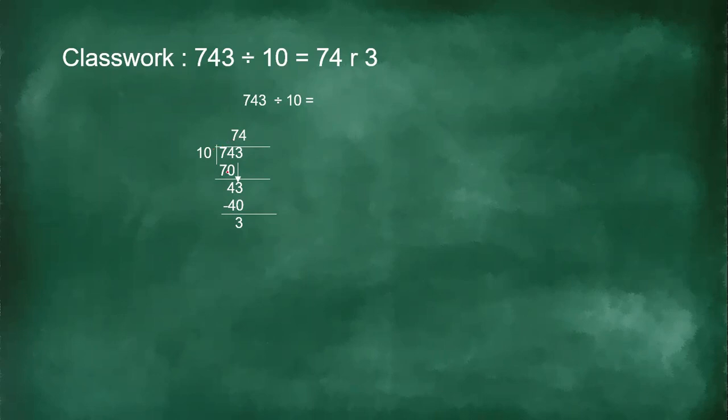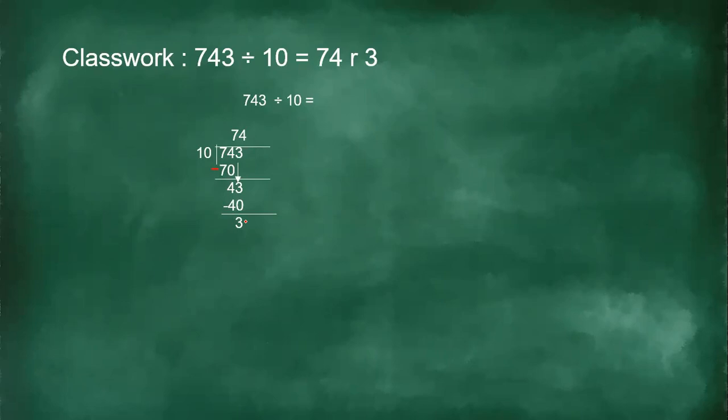Are we together? You said that you put down the 7. 7 times 10 is 70. 74 minus 70 gives us 4. You bring down the 3. Then you said 43 minus 40 equals 3.